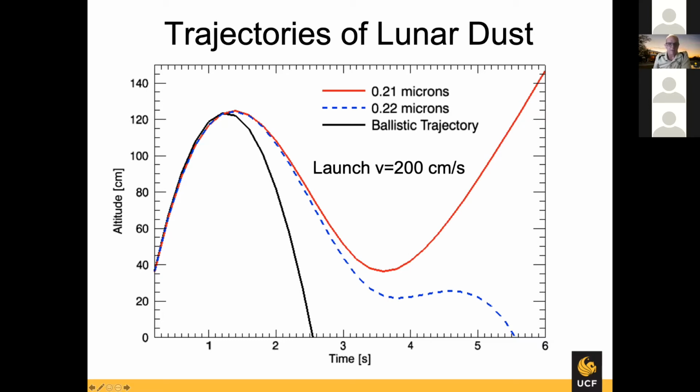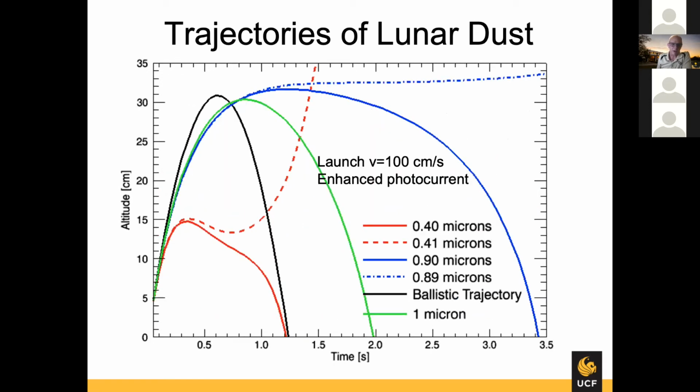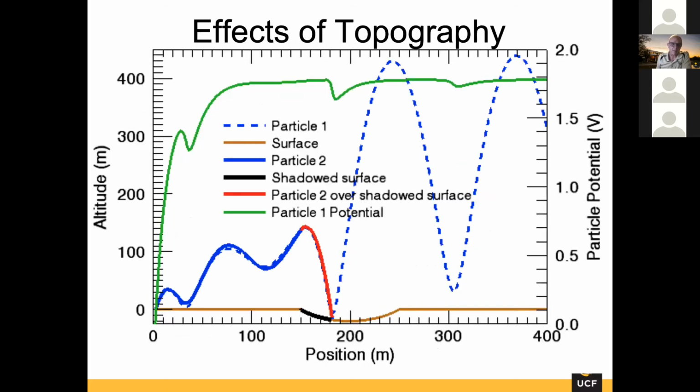It emits enough photoelectrons to be accelerated away from the positively charged lunar surface on the day side. So it's very, very sensitive to particle size. So we can play around with a lot of those different sorts of simulations and see what things look like. But the bottom line is that if you're talking about trying to get things to sort of stably levitate or do something interesting above the lunar surface, it's a very special range of parameters where anything like that can happen.